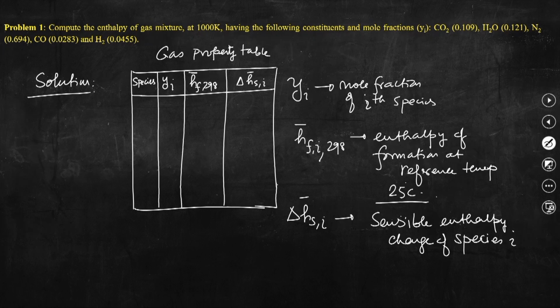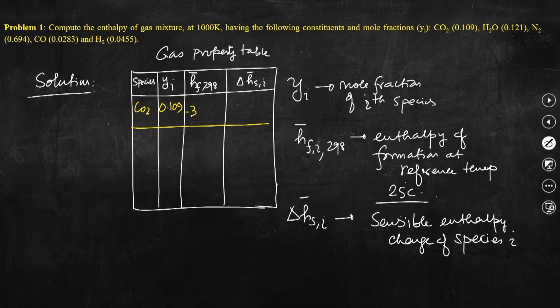Now, in the problem statement, there are 5 different components: CO2, H2O, N2, CO and H2. If I write the first species, CO2, the mole fraction is given as 0.109, and the information about the enthalpy of formation at reference state is also given.